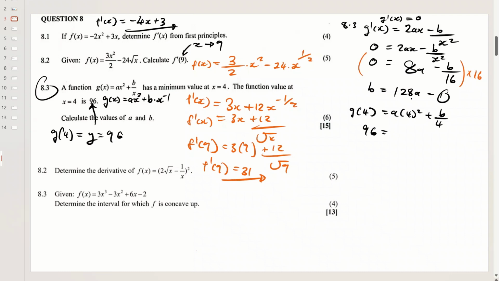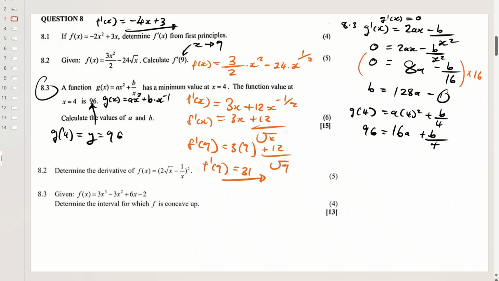So 4 squared, that's 4 times 4, and that's 16. Now 4 times 4, that's 16, guys. That's not 8. 4 times 2, that's 8. Understand? So now this 16a plus b all over 4.